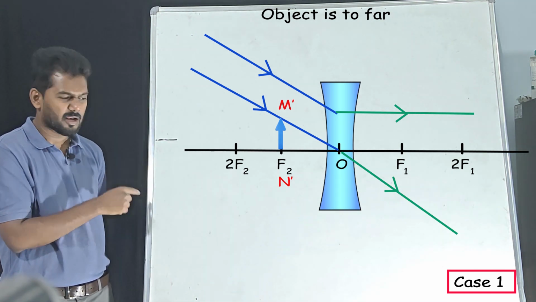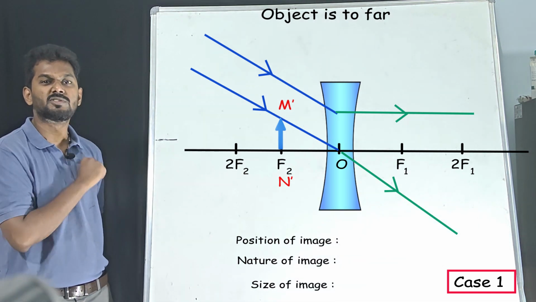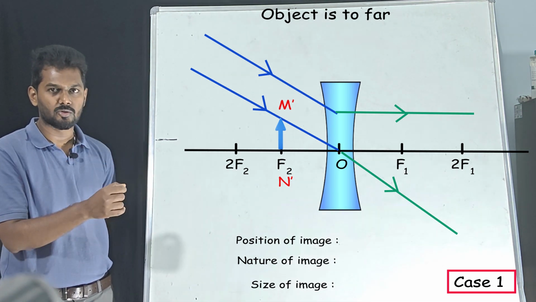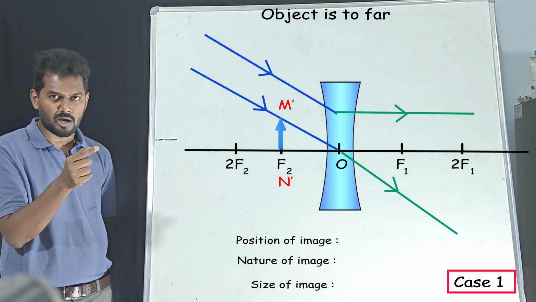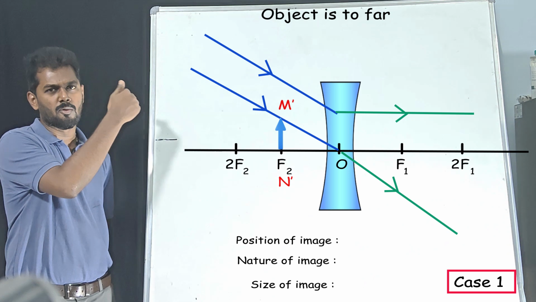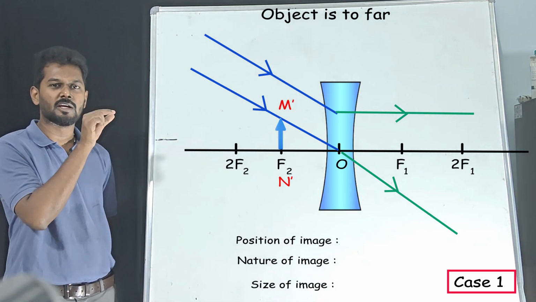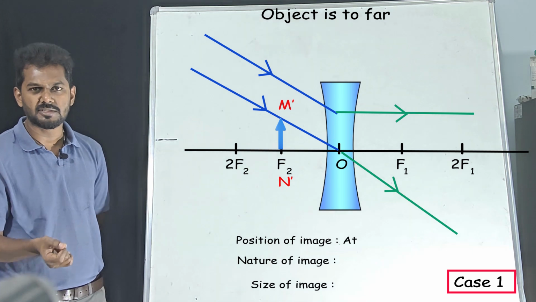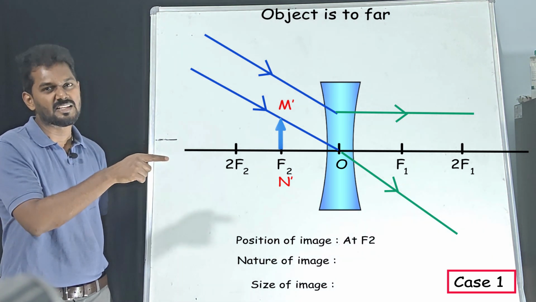Once you draw the ray diagram, these are the characteristics you should write. Where is the position of the image? It is at f2. In the previous case it was exactly at f2, the point on the principal axis. Now it is above. If it is on the principal axis or above or below f2, we consider the position of the image as f2. Then the next thing is nature.